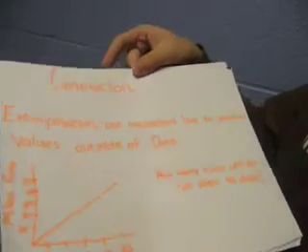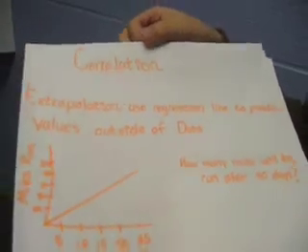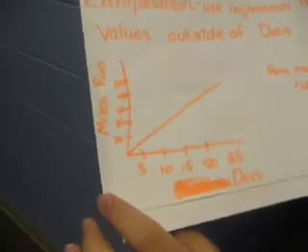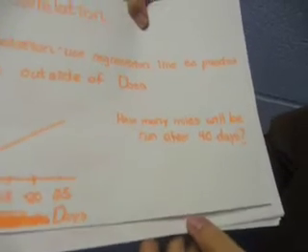Let's talk about extrapolation. Extrapolation is using the regression line to predict values outside of the data. Here's the example. The question is how many miles will be run after 40 days?